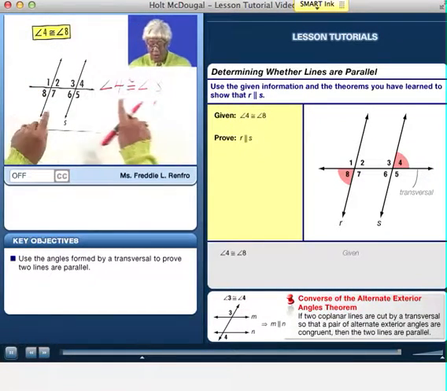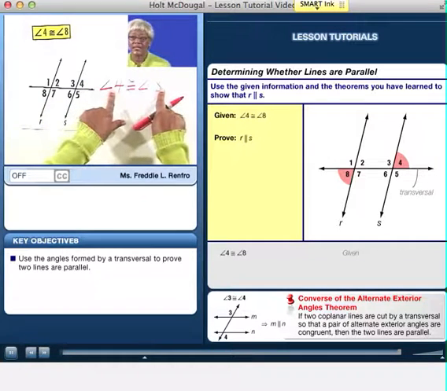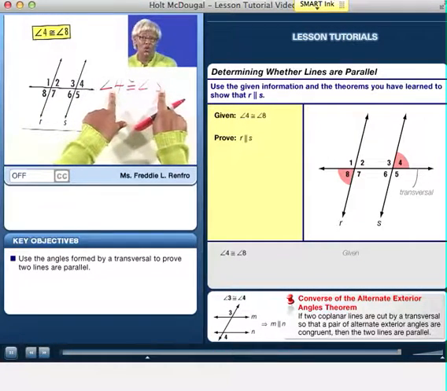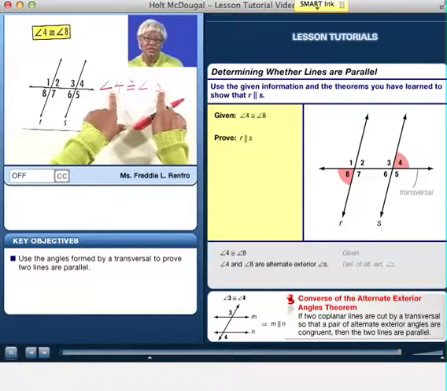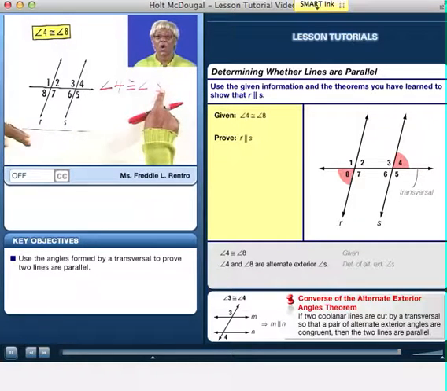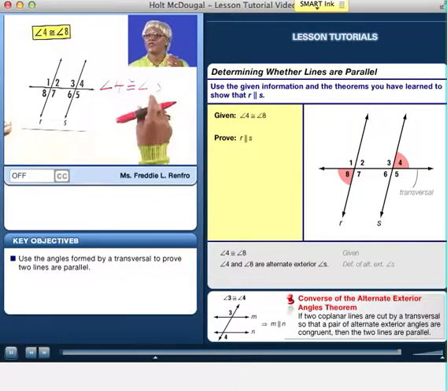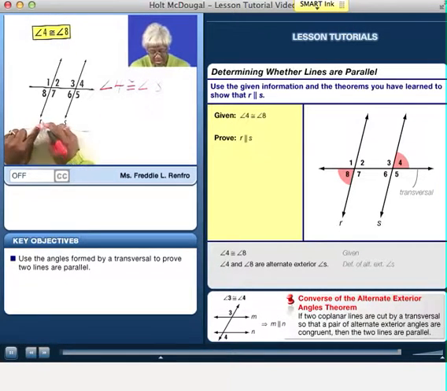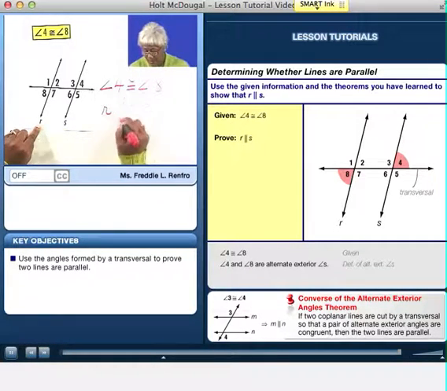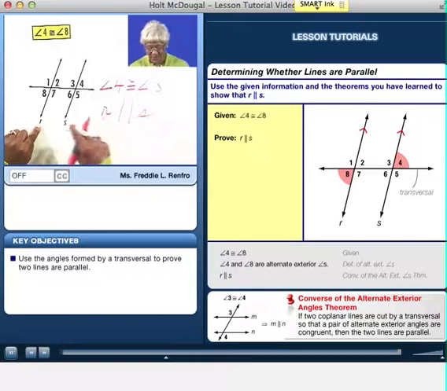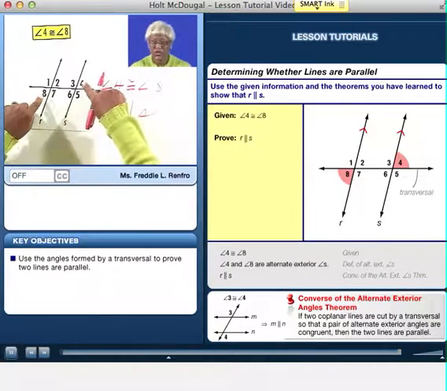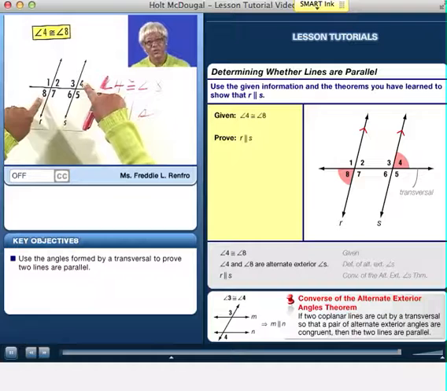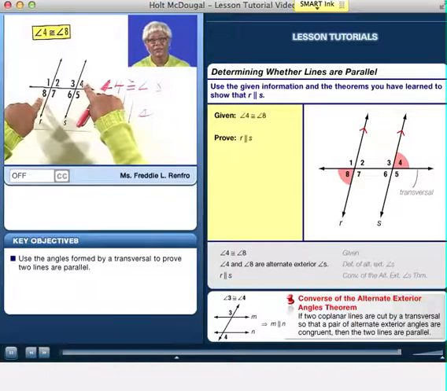Since 4 and 8 are congruent, and they're alternate exterior angles, by the converse of that theorem, we can say that line R is parallel to line S because of these two alternate exterior angles being congruent. That's the converse of the alternate exterior angles theorem.